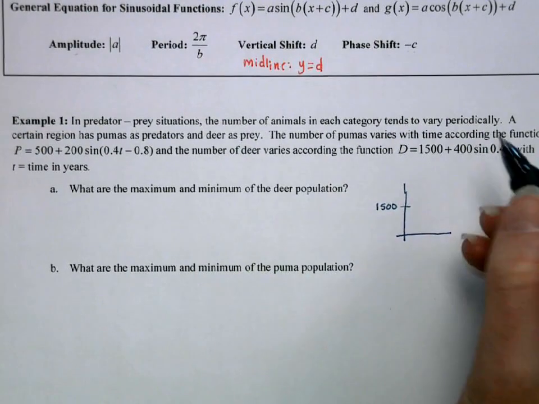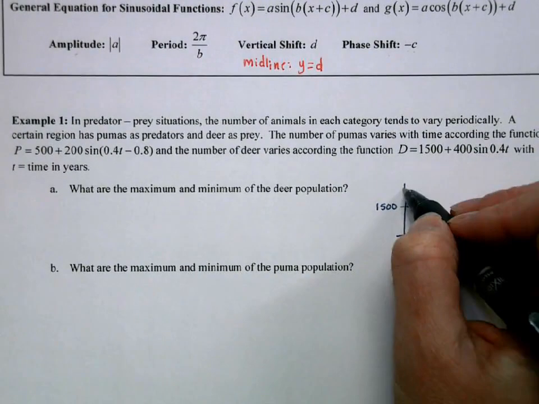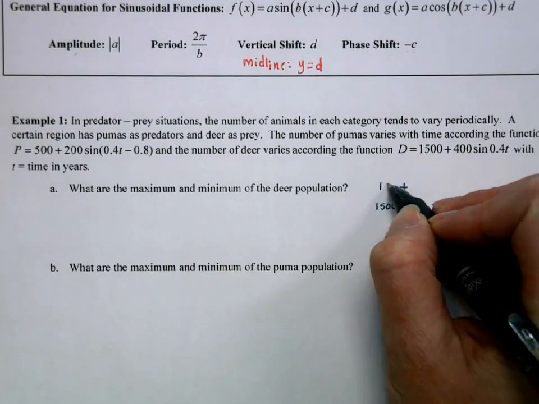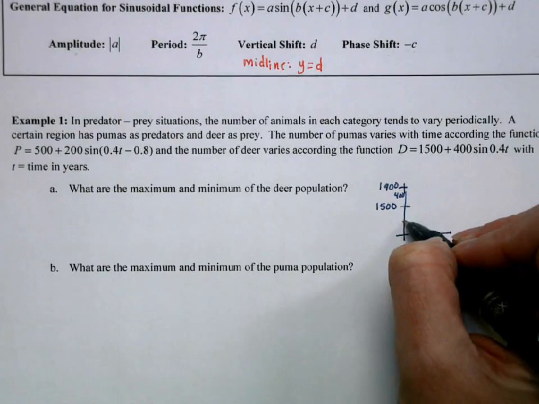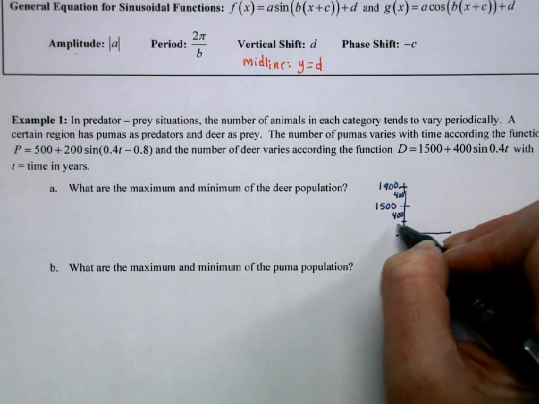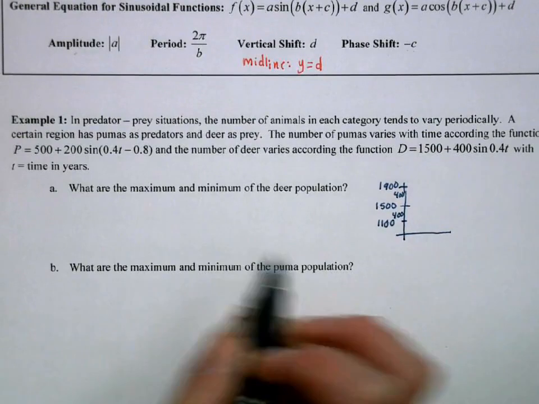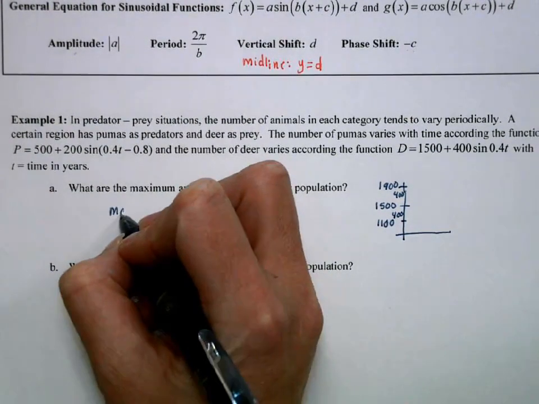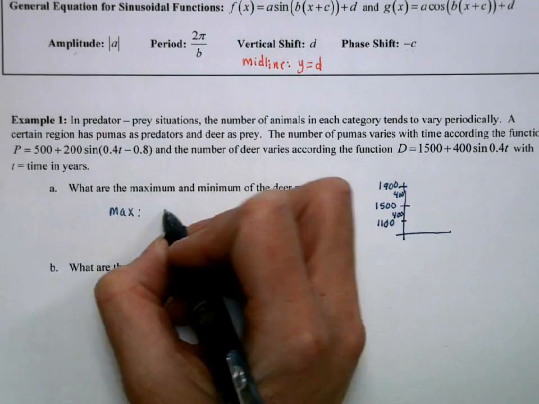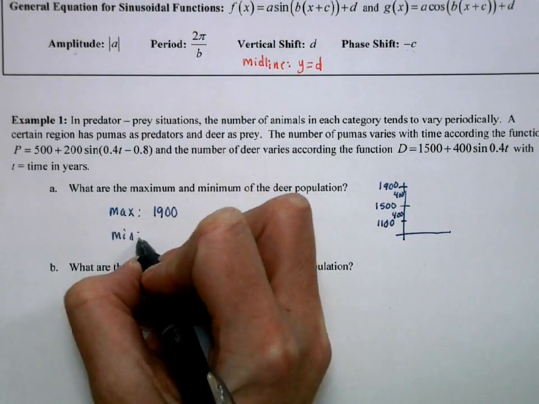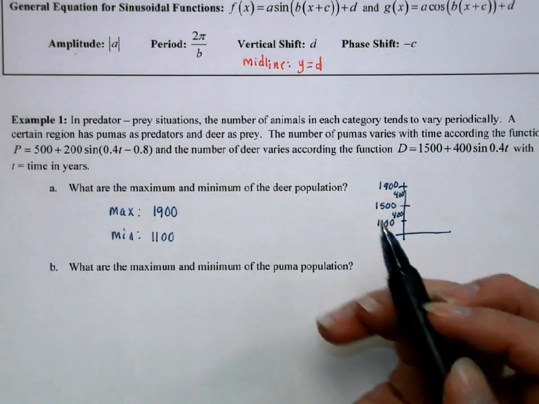Okay, the amplitude is 400, which means I'm going to go 400 above that up to 1900, and I'm going to go 400 below that down to 1100. So for my maximum, we're at 1900. For the minimum, we're at 1100.